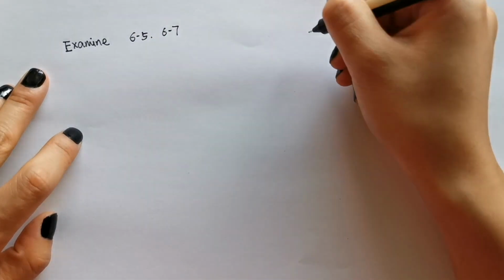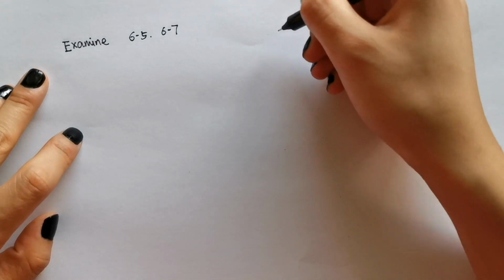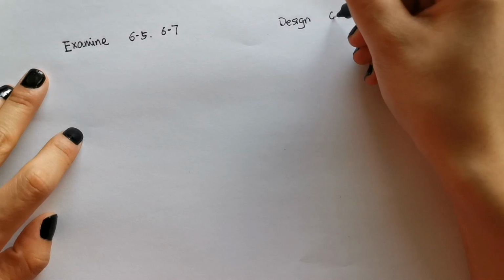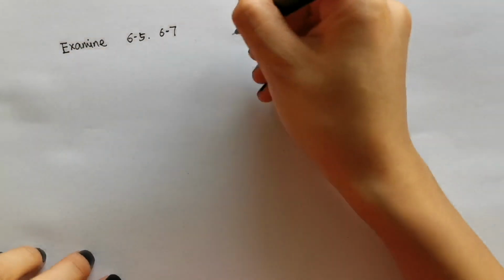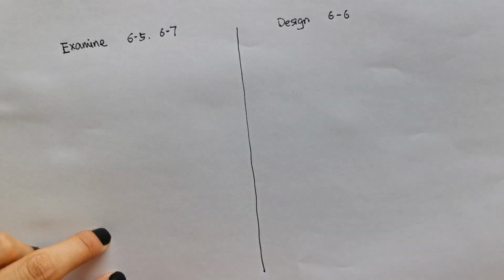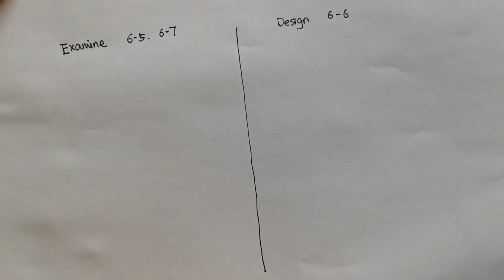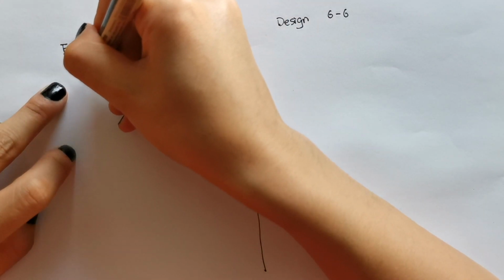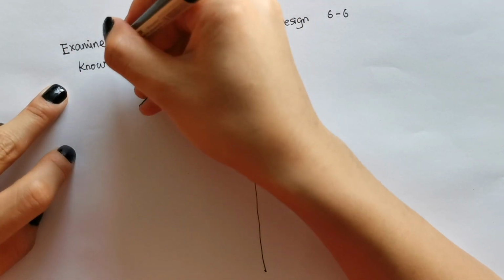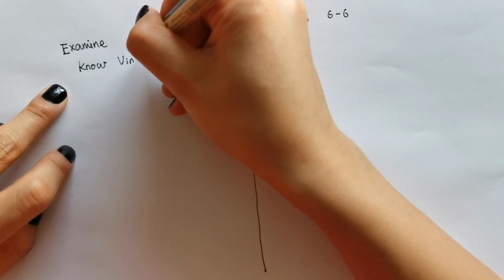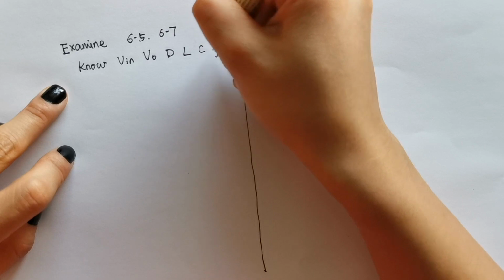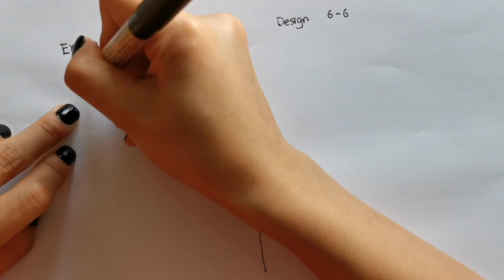There are 2 types of converter questions. One I named exam questions, like your 6.5 and 6.7. The other I named design questions, like your 6.6. For exam questions, they give you all the parameters of the converter and you need to calculate the current and voltage ripple to see if it's a good converter.